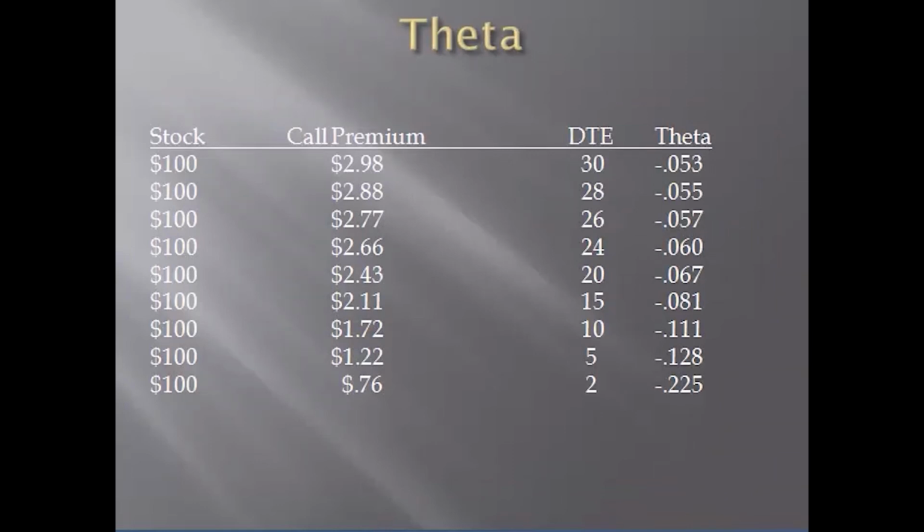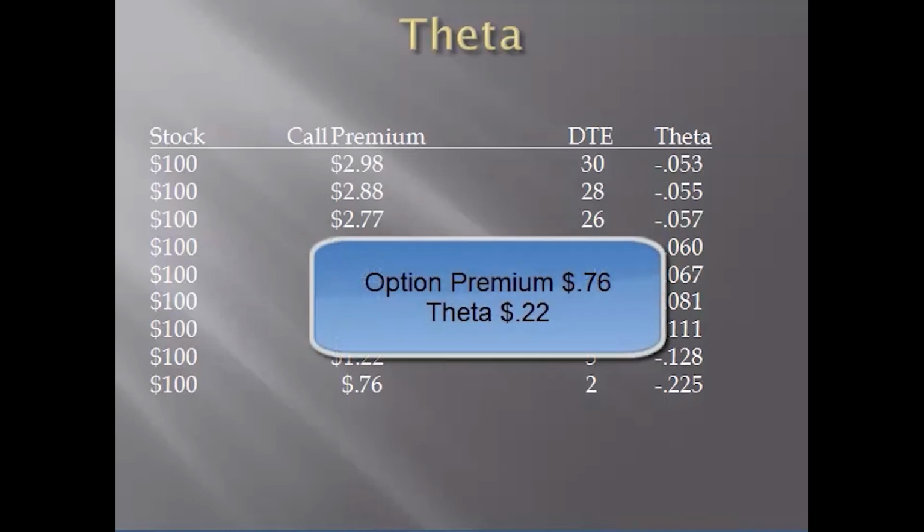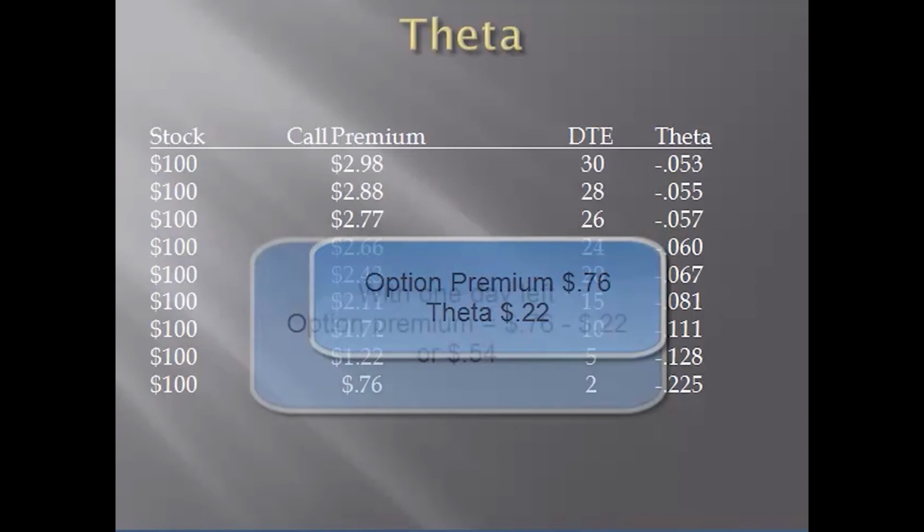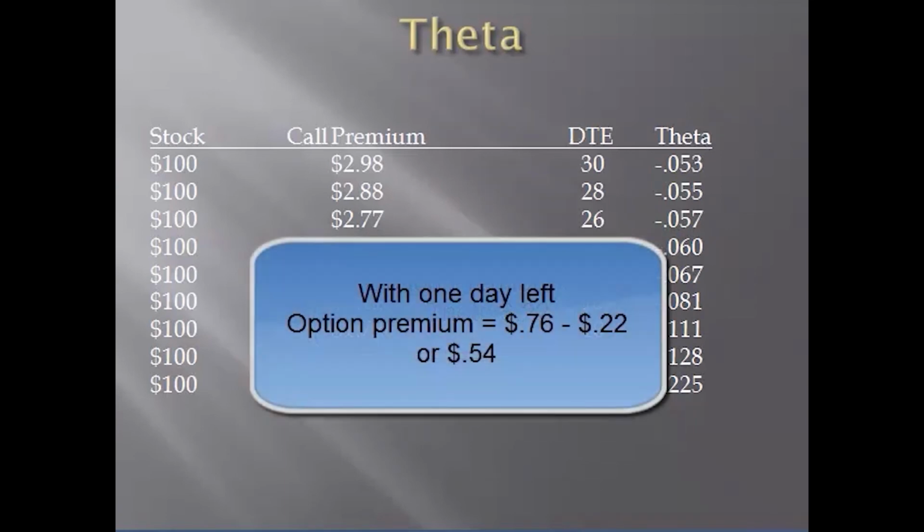And I can show you the stock that's trading at $100 and doesn't move as we go from 30 days to expiration all the way down to 2 days to expiration, and how the time decay, actually the theta, will show up on our platforms. The call premium is at 76 cents, we have 2 days left to expiration, and that theta is 22 cents.